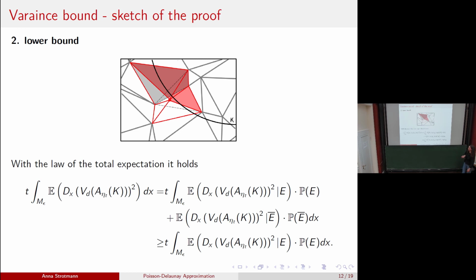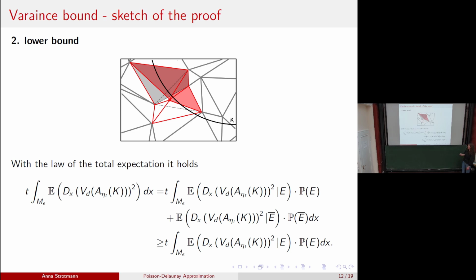because with the law of total expectation, we can split the expectation of the squared difference operator into a sum with two parts. And first we have the expectation under the condition that our situation E holds, and additionally we have to multiply with the probability that this situation E occurs.